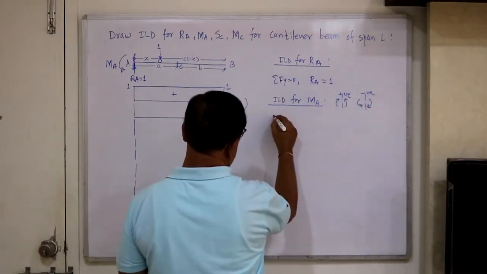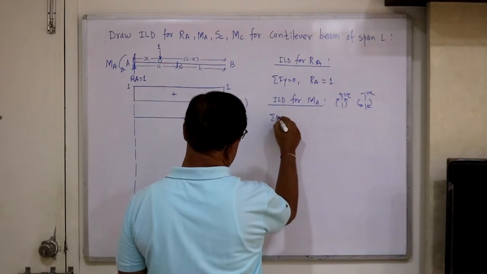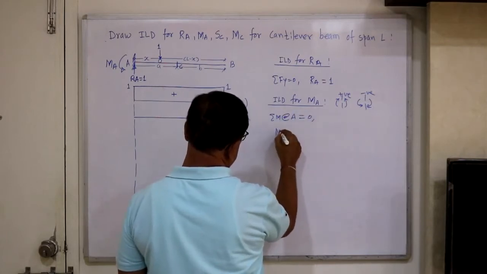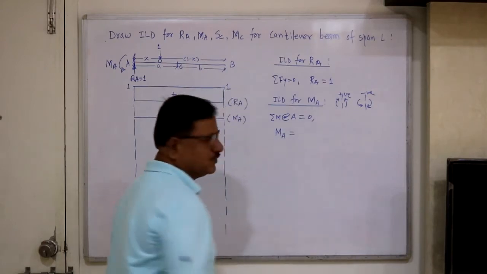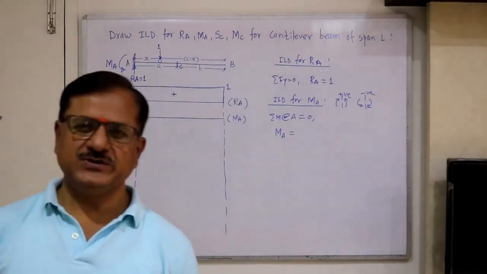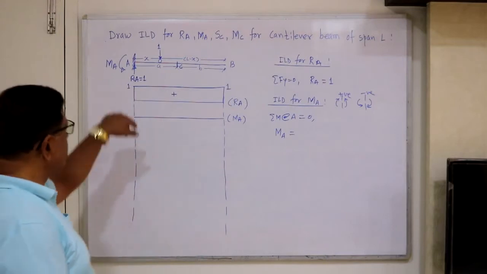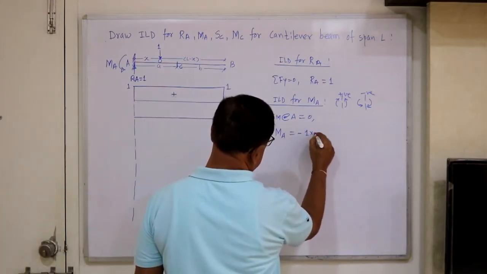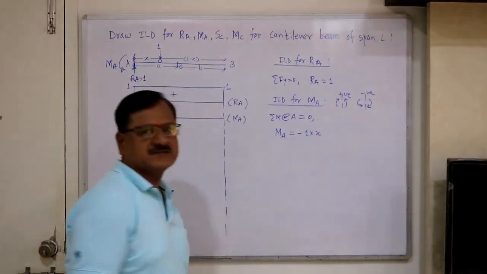See, if we take moments about A equal to 0, what is MA? Due to unit load it is hogging. So this is minus 1 into x is the moment.